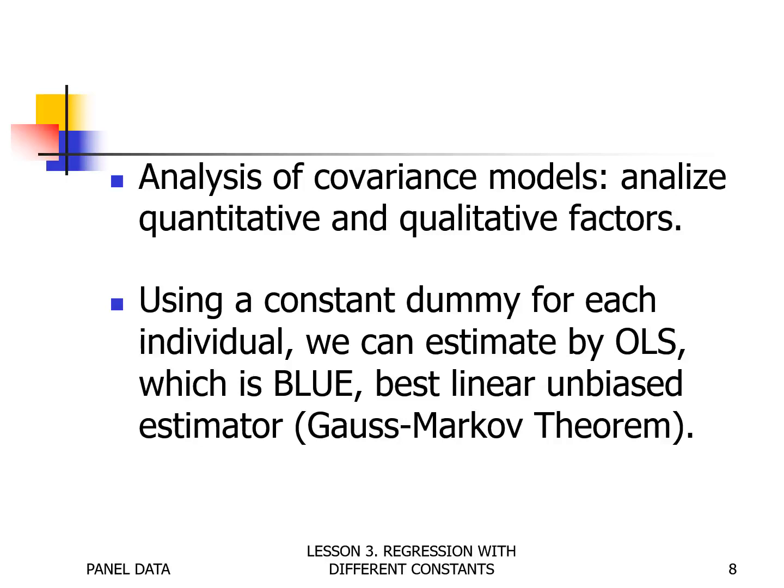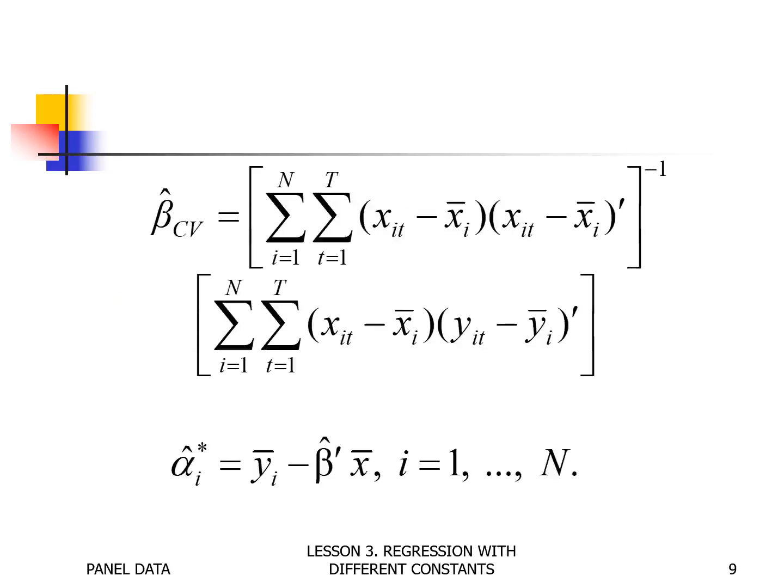Using a constant dummy for each individual, we can estimate by ordinary least squares, which is the best linear unbiased estimator, and therefore the Gauss-Markov theorem applies. And if the Gauss-Markov theorem applies, this is the most efficient estimator within the class of estimators which are linear and unbiased. So these are good properties that OLS has for the fixed effect model.